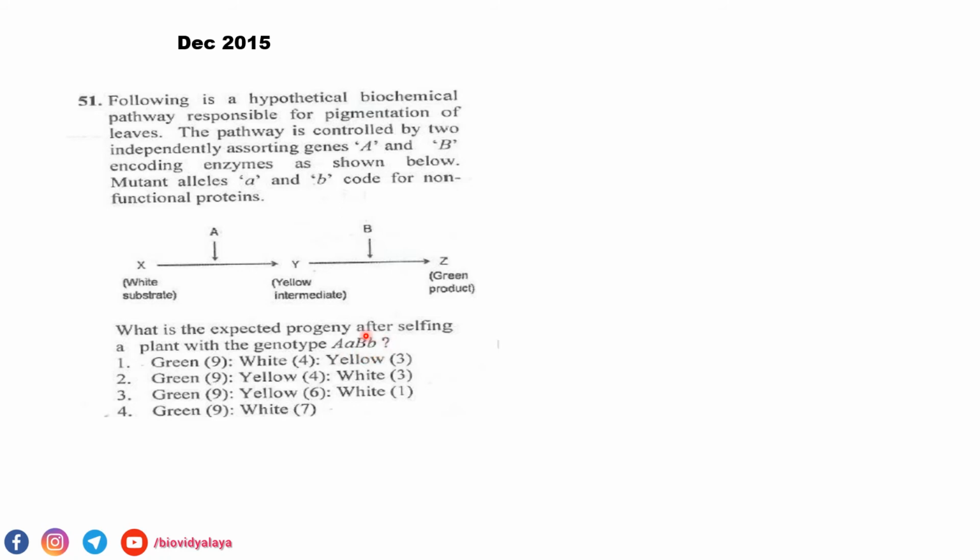This means this is the F1 hybrid. After self-crossing this F1 hybrid, we will get the F2 generation. So here we have to find the F2 generation ratio.